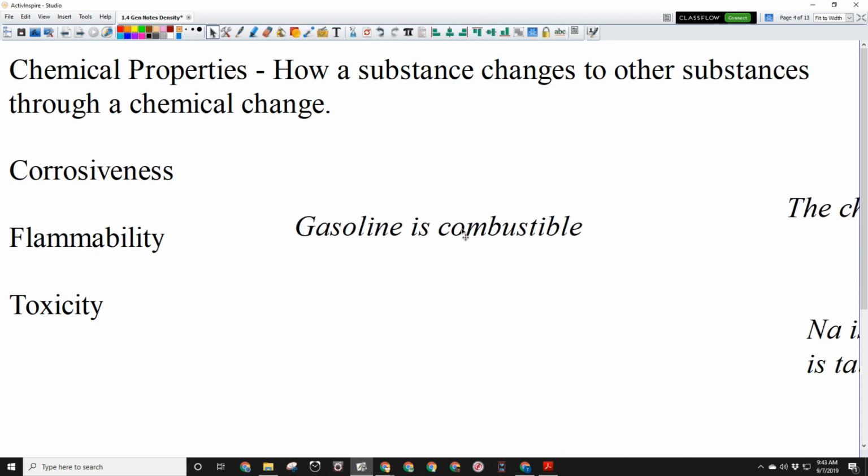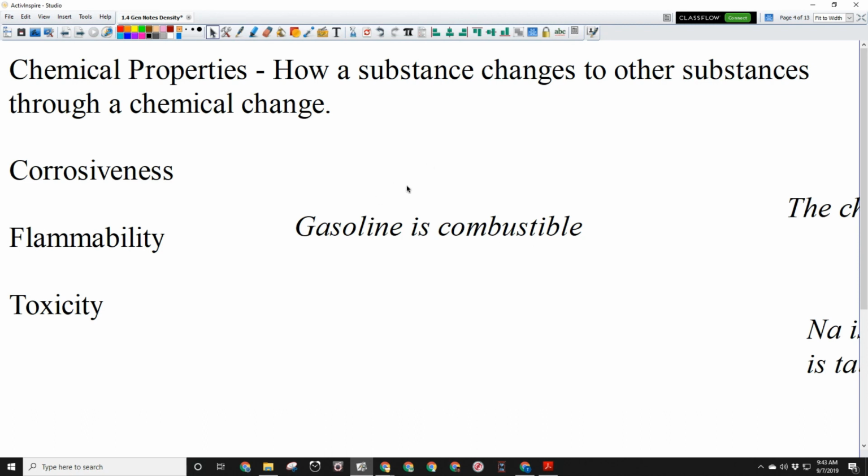Or we can talk about gasoline, how combustible gasoline is. Now remember, when I ask, what does the word combustible mean? Lots and lots of students say exploding. It's really not exploding. Combustible means just to burn. But we think about gas being combustible. It's very, very combustible.